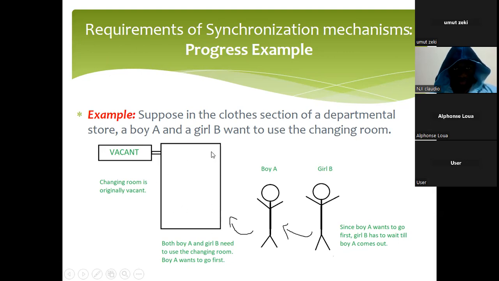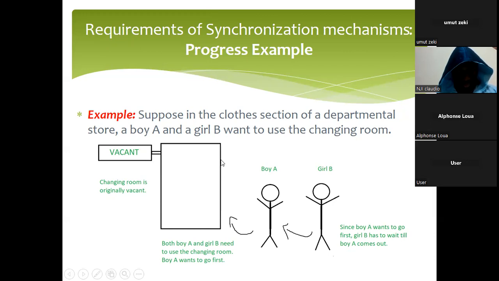And if we say that dressing room is like a critical section, think about that. Girl B knows what she's going to try, but boy A comes first, and boy A wants to enter the critical section, the dressing room, changing room. But boy A didn't decide yet what he's going to try.